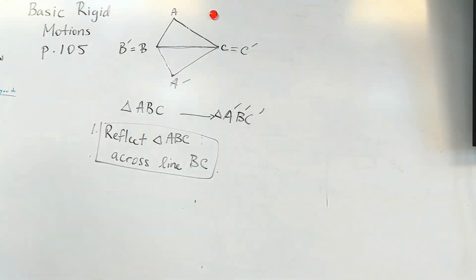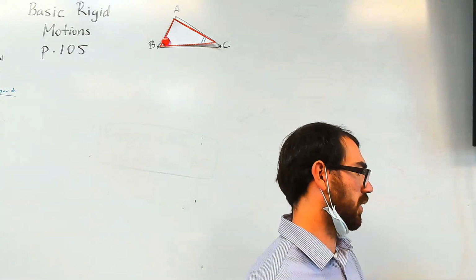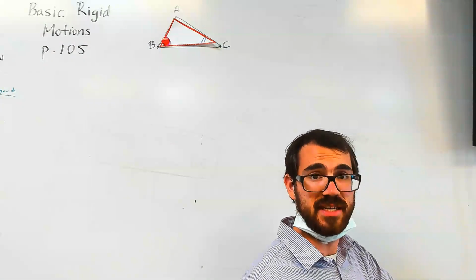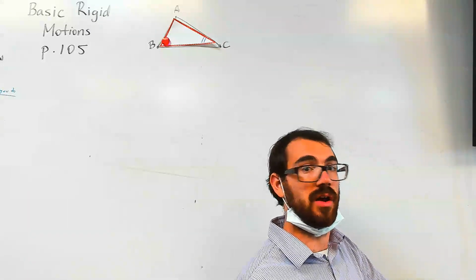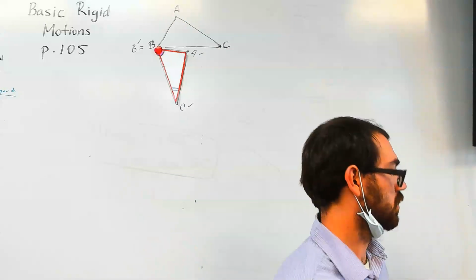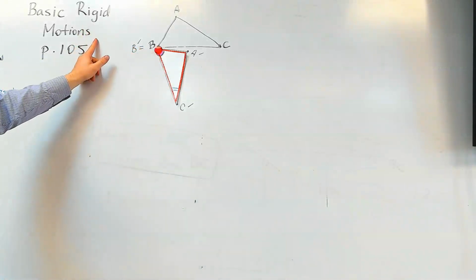Okay, let's check out example 2. All right, we want to know, for example 2, how do we get from triangle ABC to triangle ABC prime? And let me go ahead and draw ABC prime for you. So we see ABC prime has undergone a basic rigid motion.